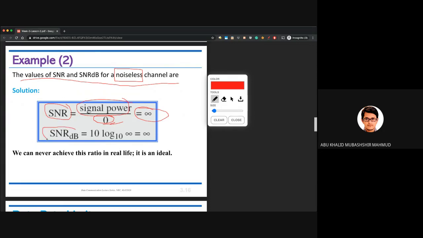And in SNR-dB, the same value appears, though in a different form. But what is very, very important to know is that the ratio we are seeing here we can never achieve in real life. It is a standard or an ideal. We can never achieve this kind of ideal values.